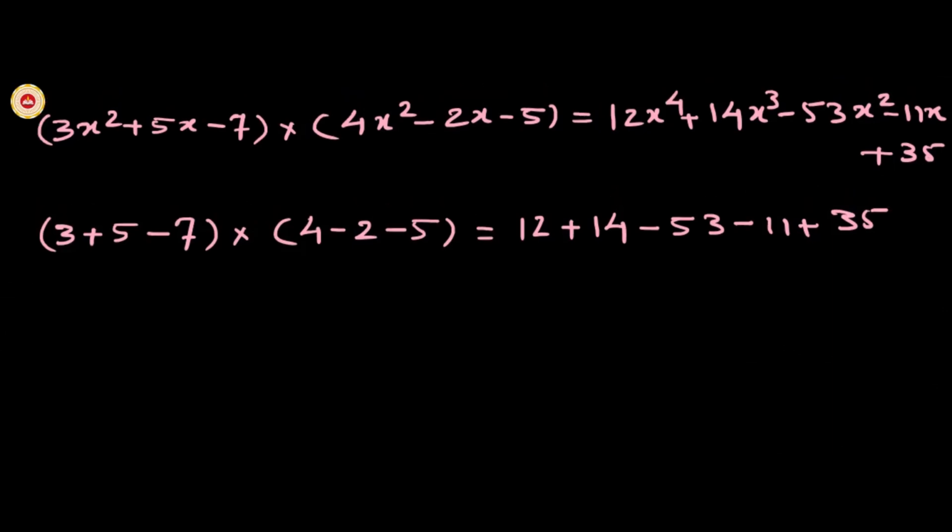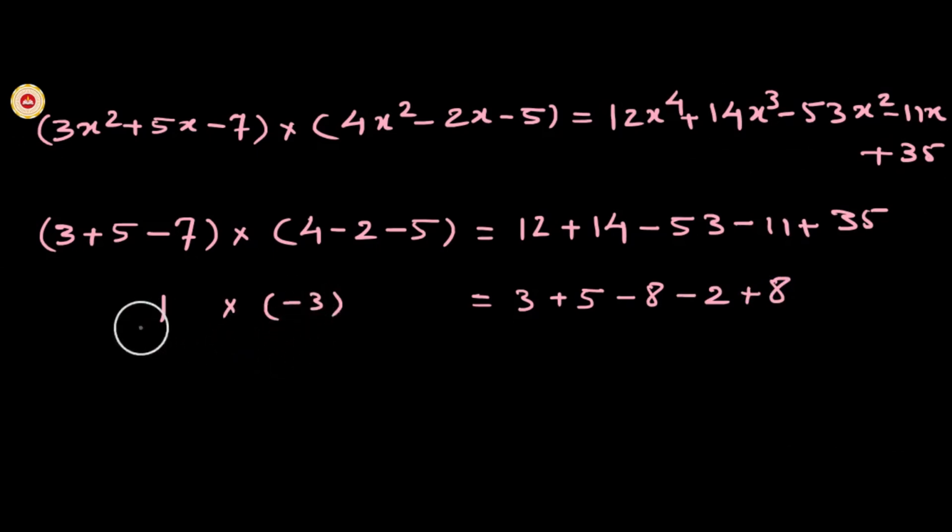Okay, so 3 plus 5 is 8, 8 minus 7 is 1, 4 minus 2 is 2, 2 minus 5 is minus 3. Equal to 1 plus 2 is 3, plus 1 is 4, plus 4 is 5, minus 5 plus 3 is 8, minus 1 plus 1 is 2, plus 3 plus 5 is 8.